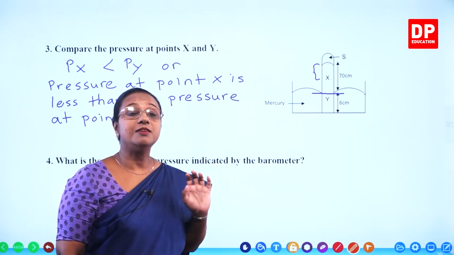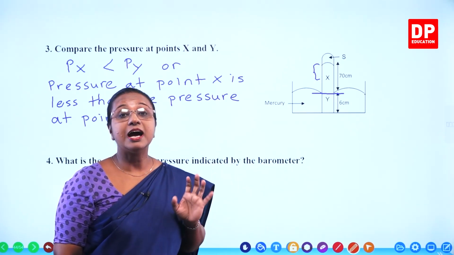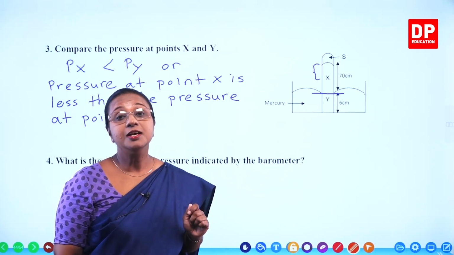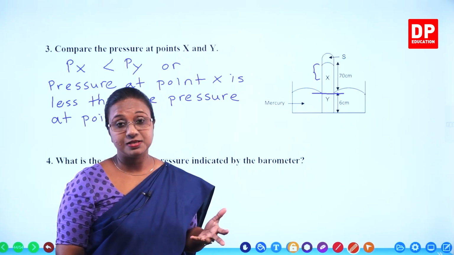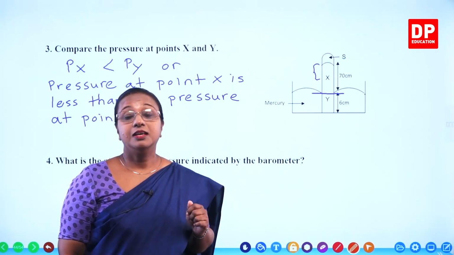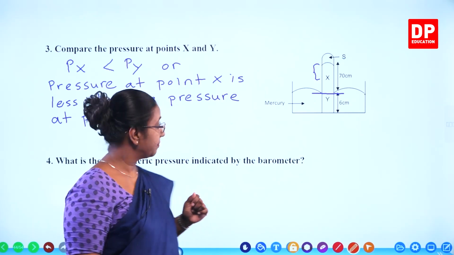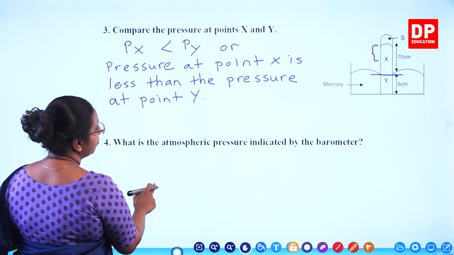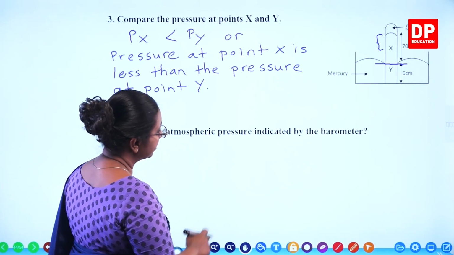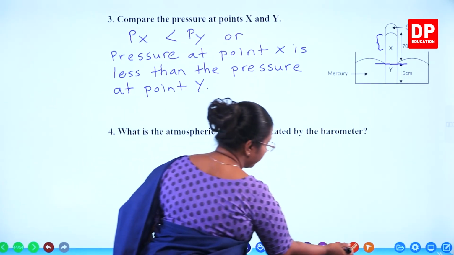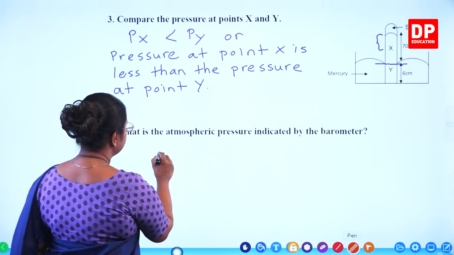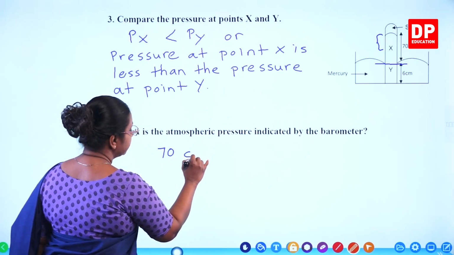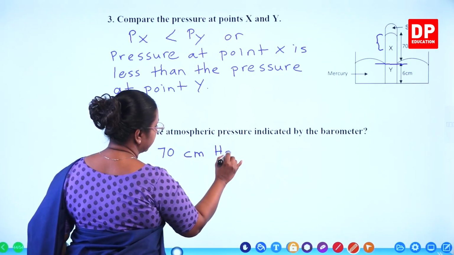So that is what we need to consider as the height of the mercury column for the pressure exerted by the atmosphere, or that is given as the atmospheric pressure. So here the question is, what is the atmospheric pressure indicated by the barometer? So that is 70 centimeter mercury.